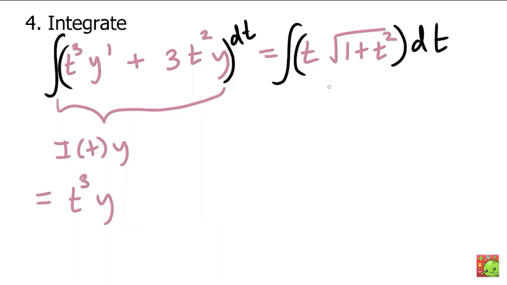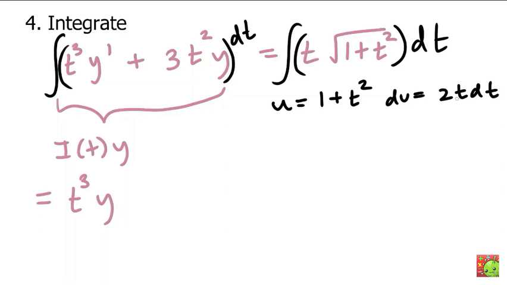Now the right-hand side. This looks like we need to use u-substitution because we have a product of two t functions, and we can't use simple integration. I'm going to set u to the inside, which is 1 plus t squared, and we get du equals 2t dt.